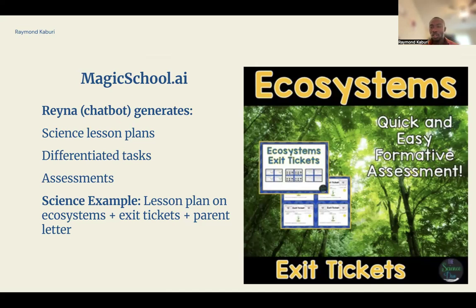You can make modifications to it based on your objectives, and you can design exit tickets for your learners as well as for parents, to let them see what your learners learned on the platform, how you assessed them, what they got, and what your feedback is as a teacher.